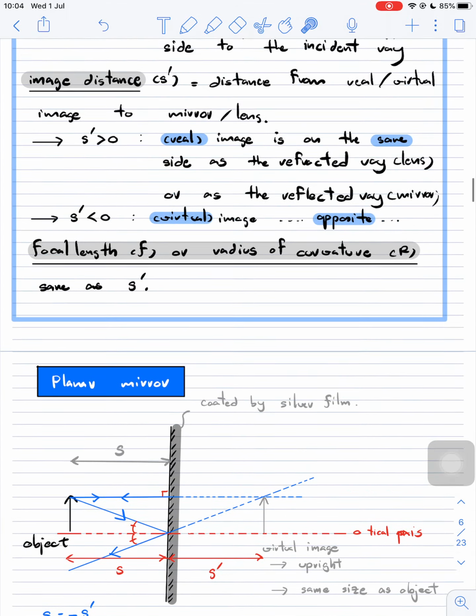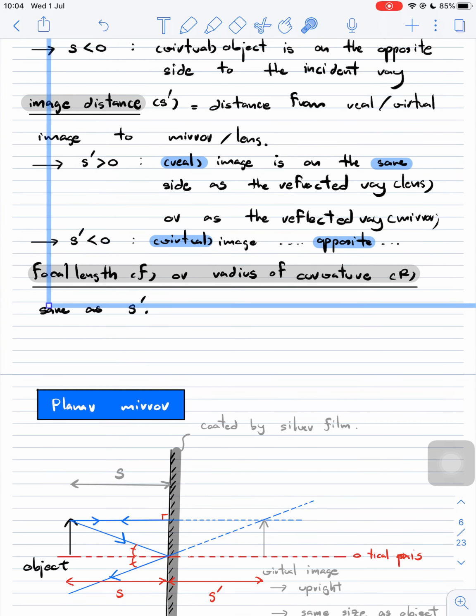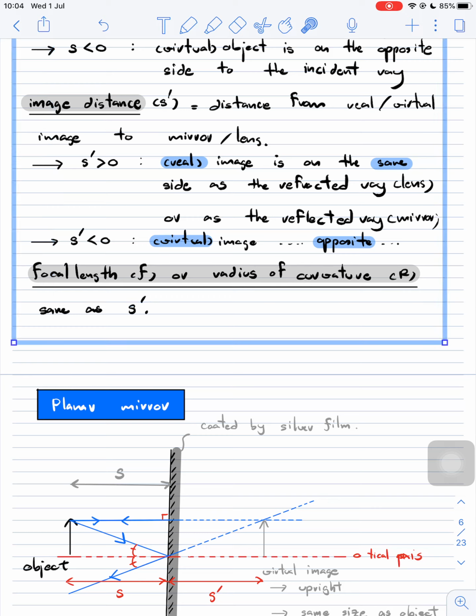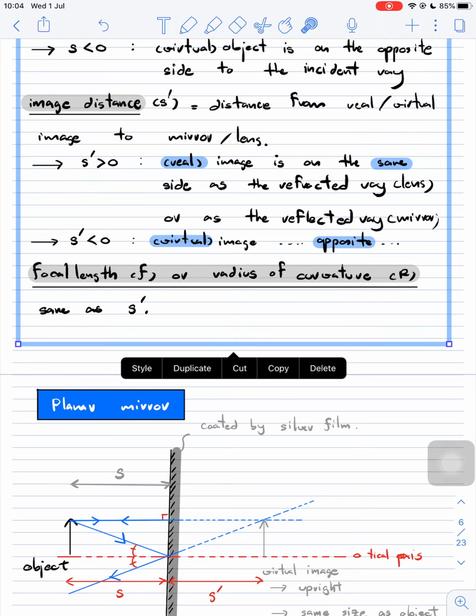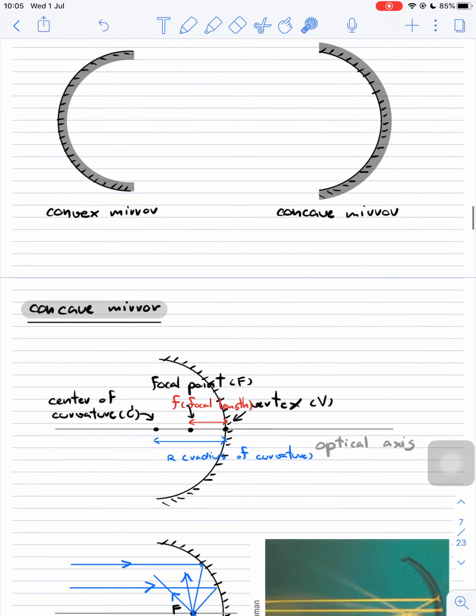From the sign convention, the focal length and radius of curvature should be negative when we have a virtual focal point, and this virtual focal point is on the opposite side from the reflected ray for the mirror.